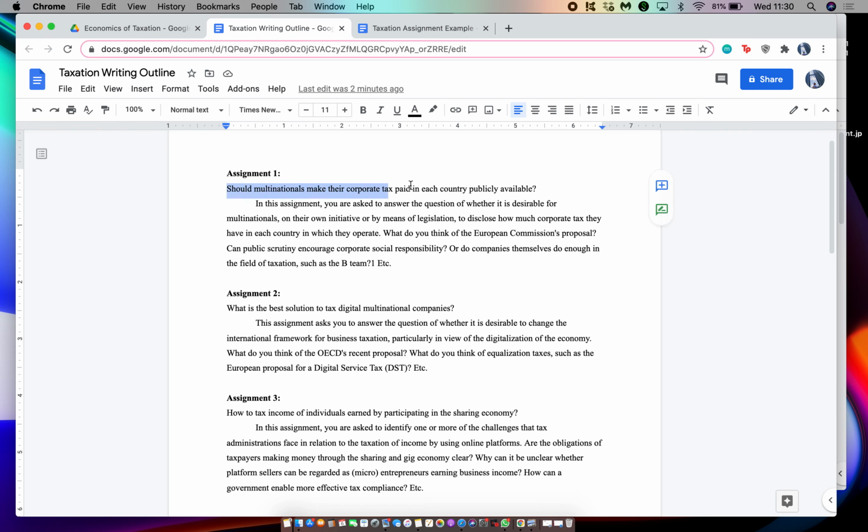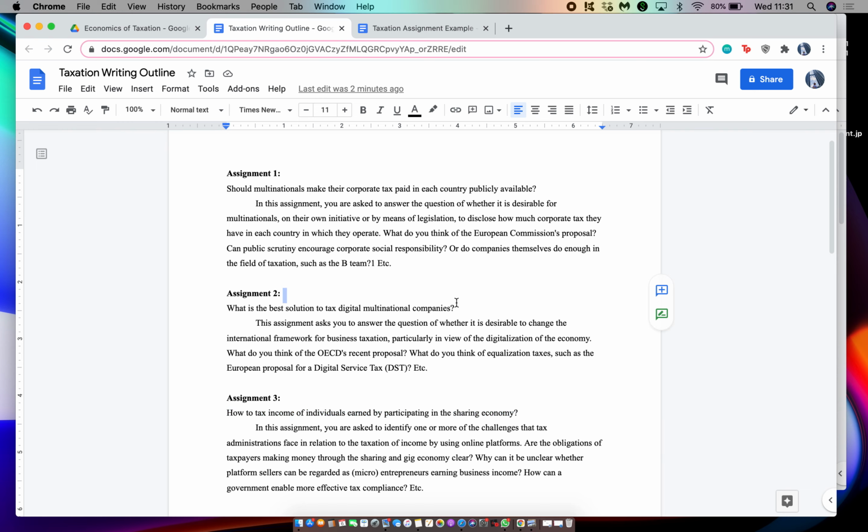Again, I just recommend doing a little bit more research, looking at some articles addressing these specific topics, and then seeing which one you would be able to make a research question out of, and then eventually writing your whole assignment. So that's one thing I would recommend. Picking two first, going into it a little bit deeper, and then going ahead with the one that you find more interesting. So that's the first thing that you need to do.